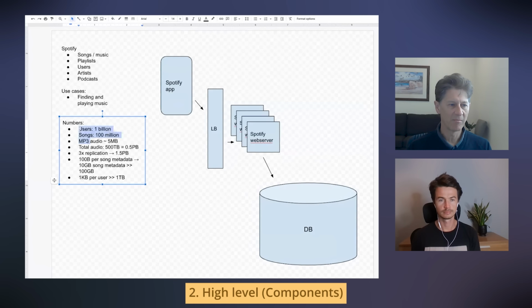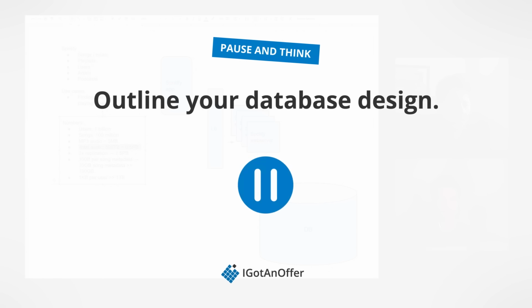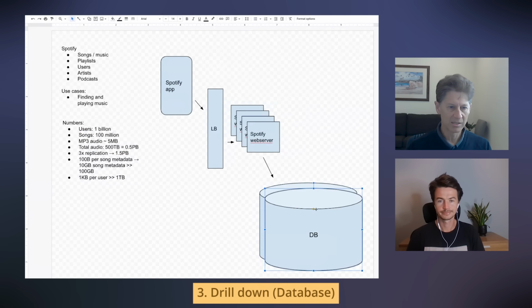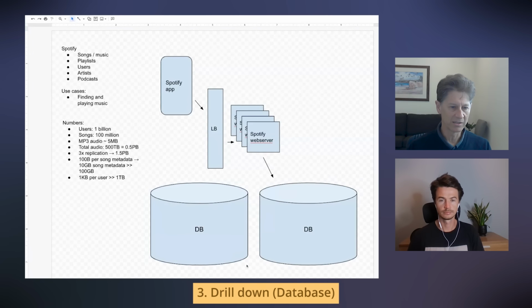I'm thinking about the metadata, the user data, and the audio data. They're very different types of data. So I'm going to split this database into two things, and I'll try to explain it just a little bit.